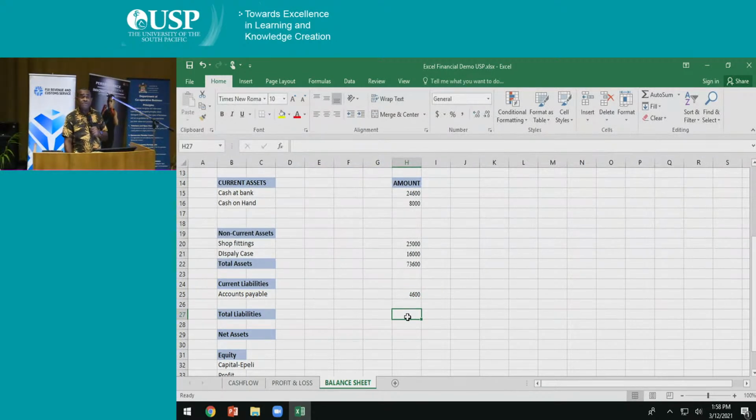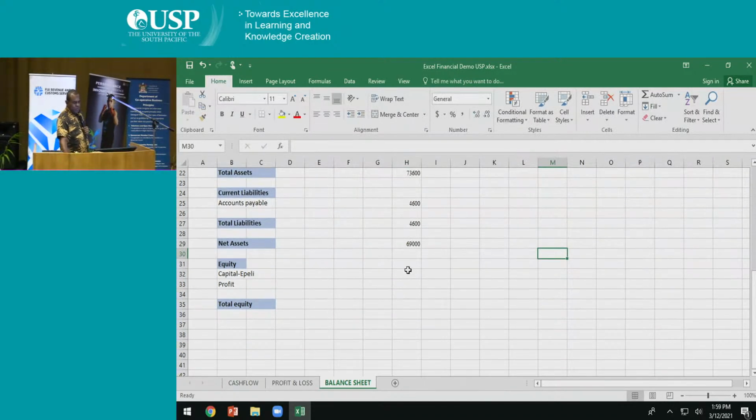What's the answer, please? 69,000? The liabilities is 4,600 and your net is 73,000 minus this will give 69,000. Now that's right. We'll move on to equity.